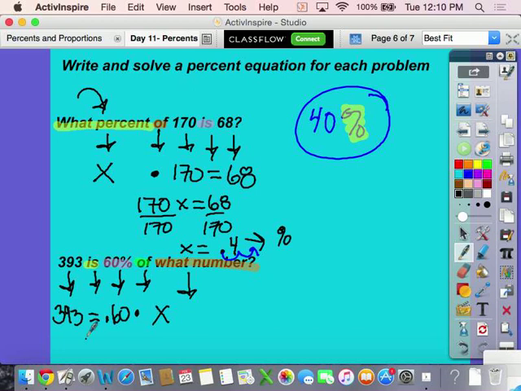When I simplify this, here's what I've got. 393 is equal to 0.60x. How do I get that x by itself? We know we're going to divide both sides by 0.60.